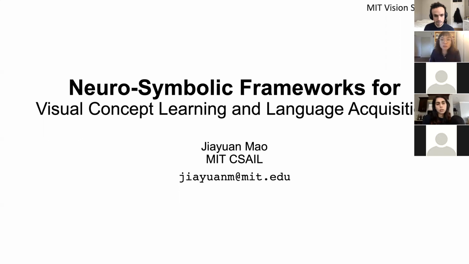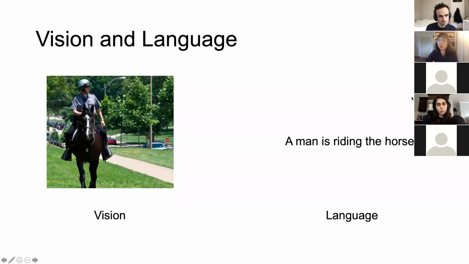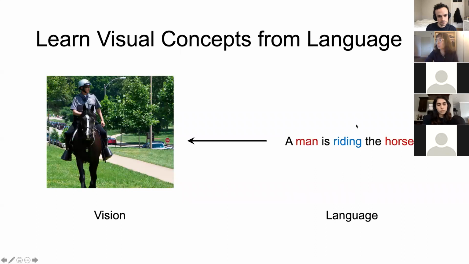So let's first get started by looking at some of my research interests. Many of my works have been centered around the connection between vision and language. Broadly speaking, I'm interested in this bi-directional relationship between vision and language. The first direction is how we can learn visual concepts from language.